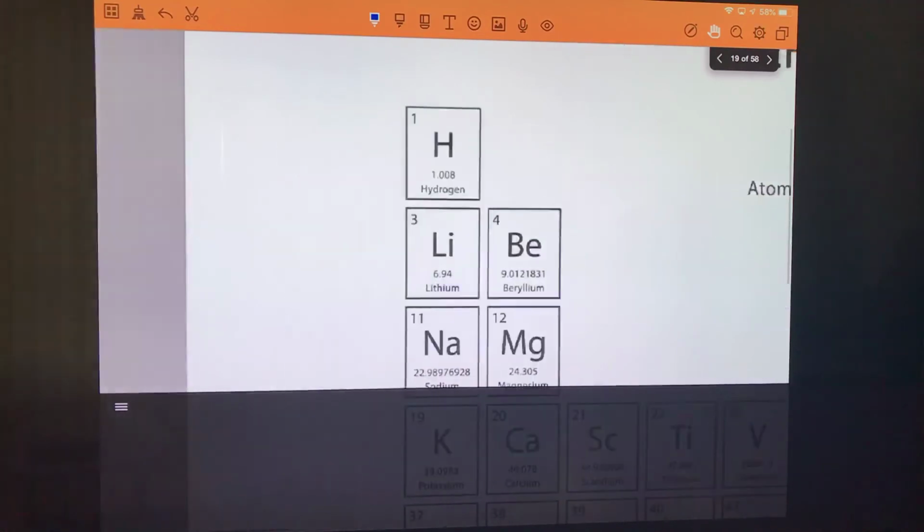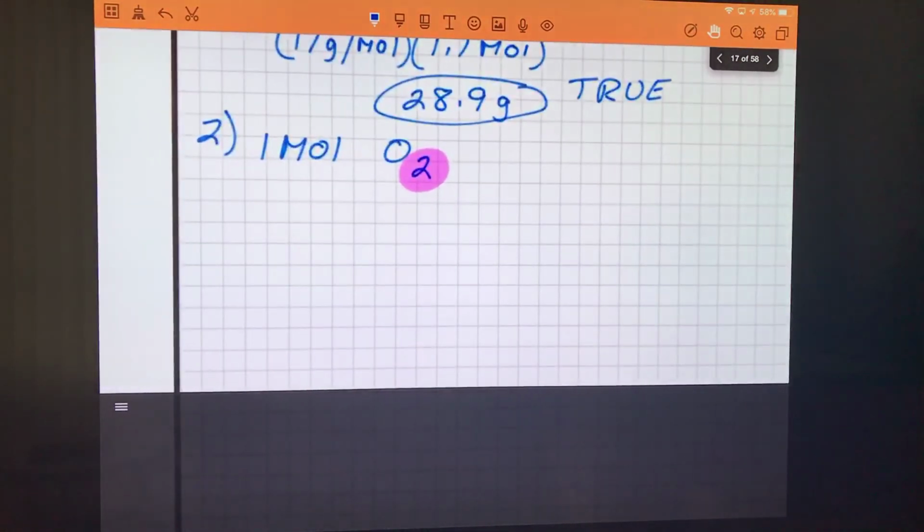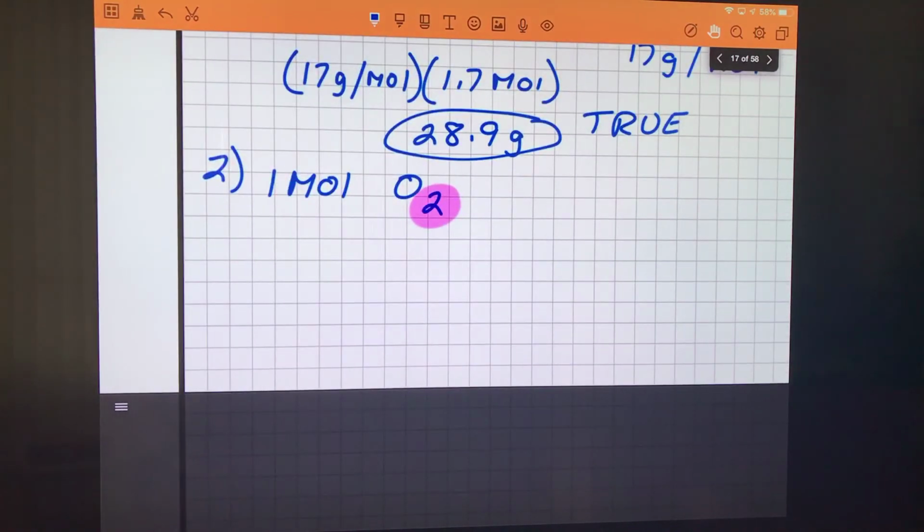So 1 mole of O2 has 2 oxygens in it. So that means it is 16 plus 16, which is 32 grams. So that was letter C, 32 grams.